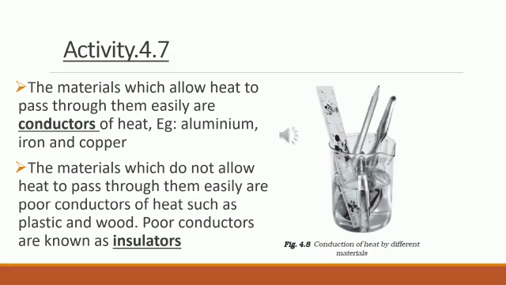That means they don't allow the heat to pass through them, so they are called insulators. Insulators are opposite to conductors. Insulators are the poor conductors of heat. So this is the small experiment. You can also do it to know the difference between conductors as well as insulators.